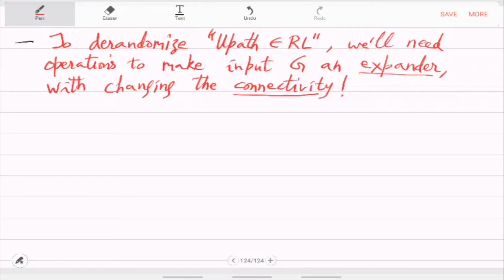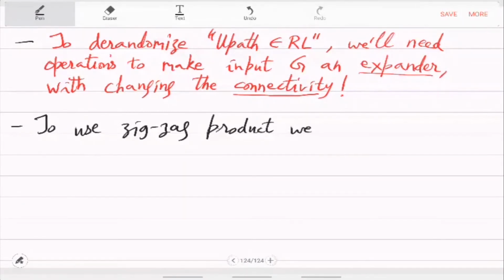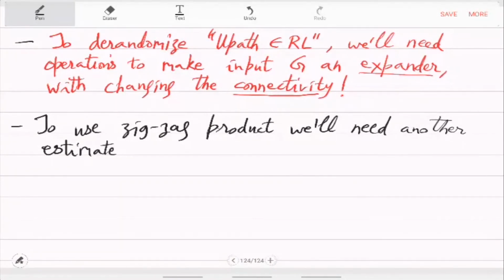So, to use this zigzag product, we will need another estimate on lambda of G zigzag G prime.